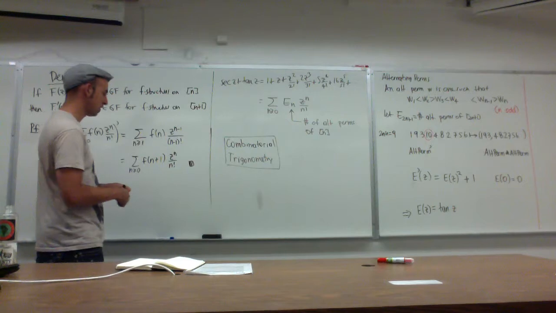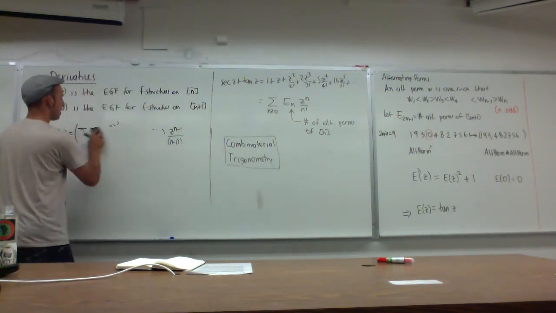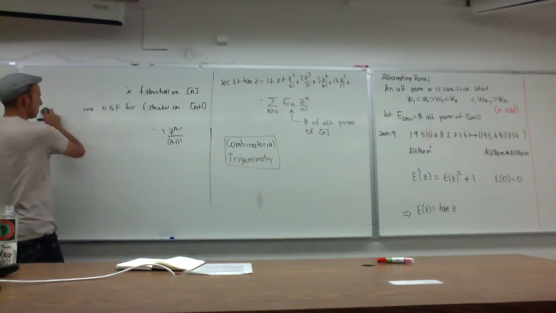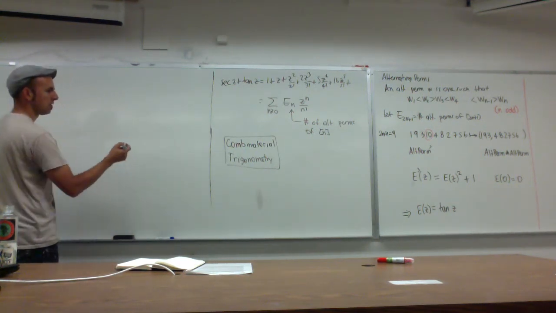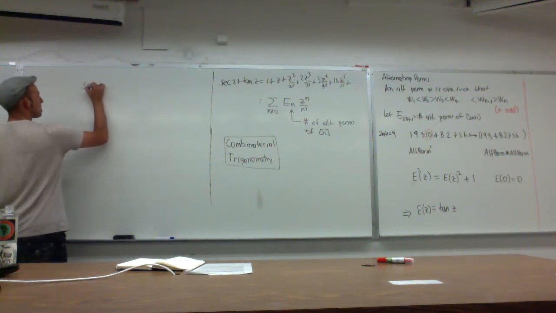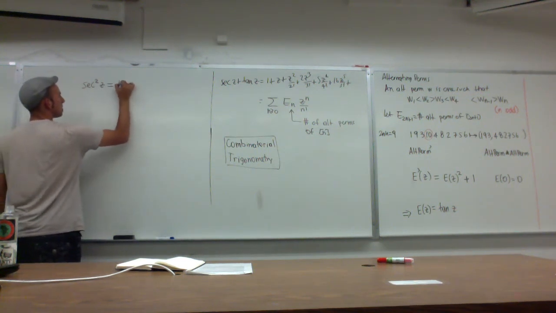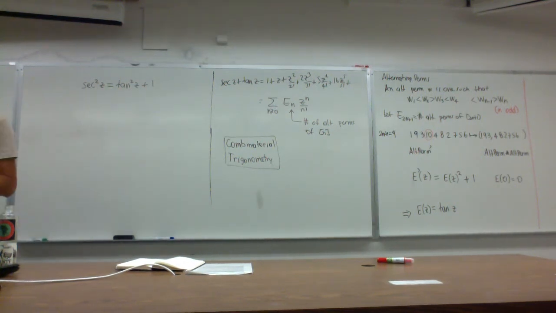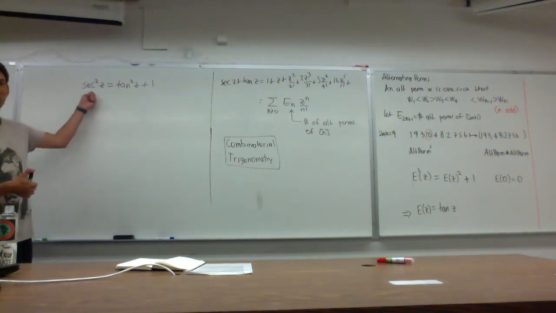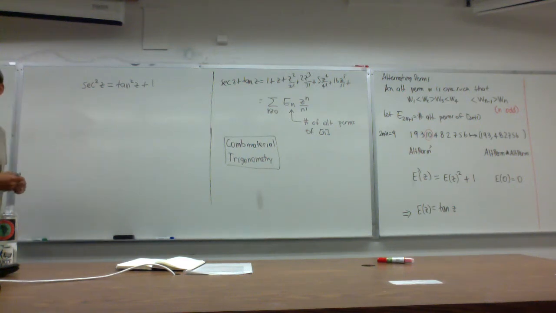For example, they should satisfy sine squared plus cosine squared is equal to 1, which, in terms of these guys, is that secant squared of z minus tangent squared of z equals 1. This is an identity that you learn in high school. How does a combinatorialist prove this identity? A combinatorialist says, actually, this just enumerates pairs of even alternating permutations and pairs of odd alternating permutations.